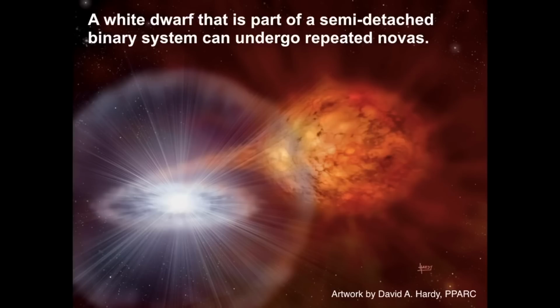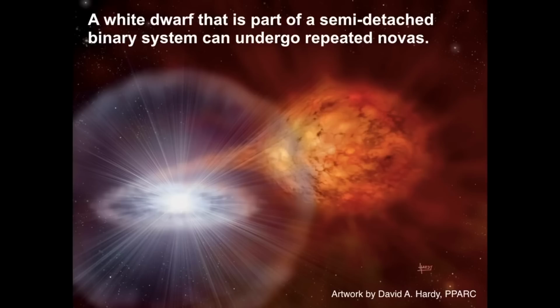So a white dwarf that is part of a semi-detached binary system can undergo repeated novas. So we have the white dwarf on the left that's emitting in the nova category. And this artwork is by David Hardy at PPARC. But we have maybe a red giant that's very, very close.